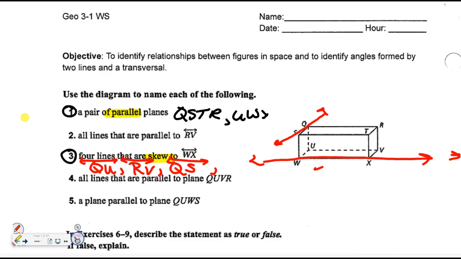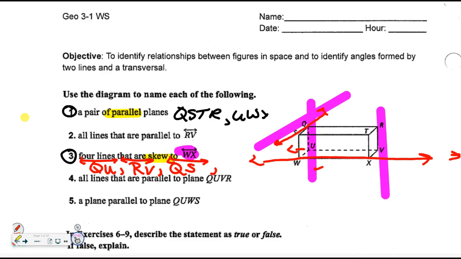There's one more that'll never hit WX. Ellie gave me, I did this one, QU, in the back. Ellie gave me RV in the back. And I just gave QS up on the ceiling. There's another one. WX is WX. What one do you think, Els? UV.